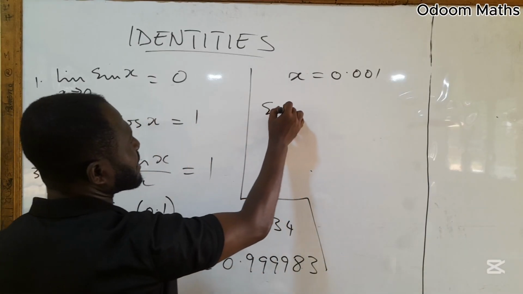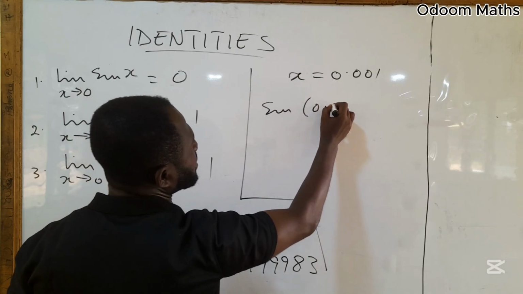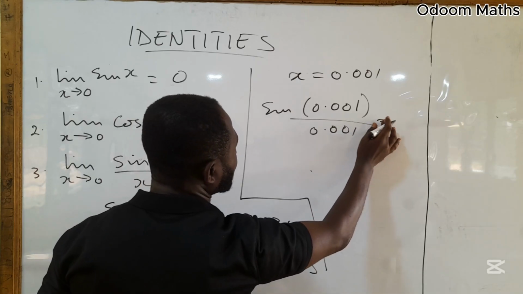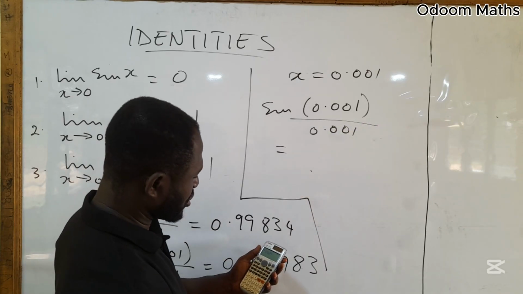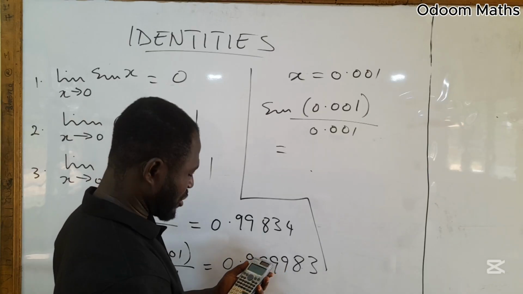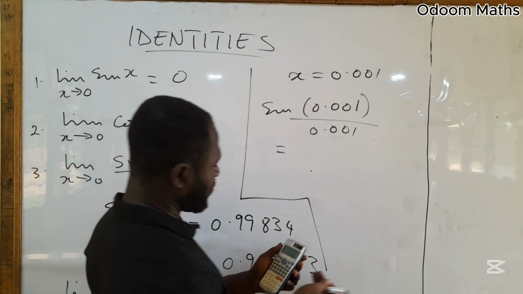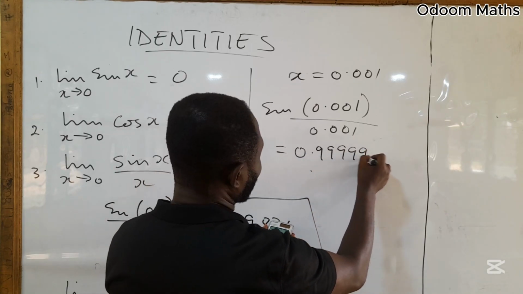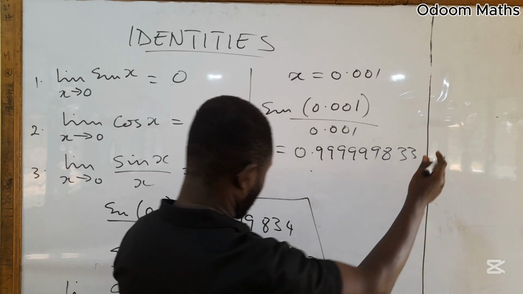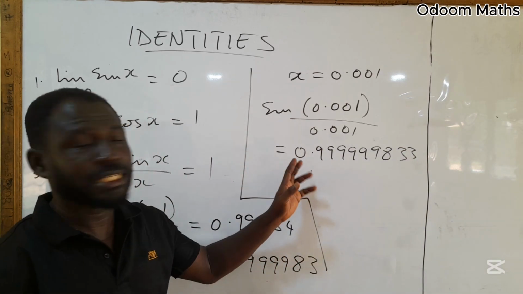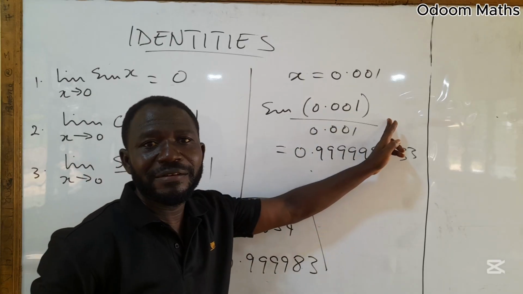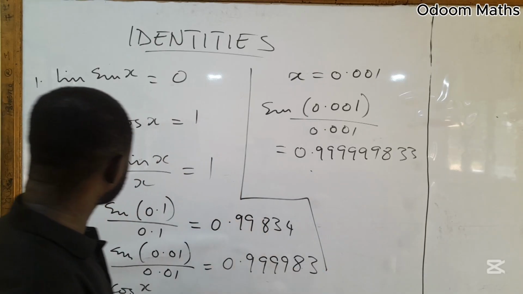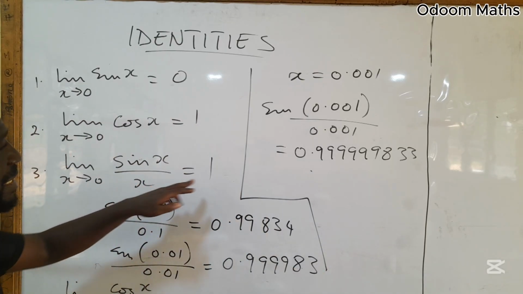So sine 0.001 over 0.001 gives 0.9999833 and the rest. You see, as x approaches 0, the answer also approaches 1. So it means that the limit of sine x over x is 1.